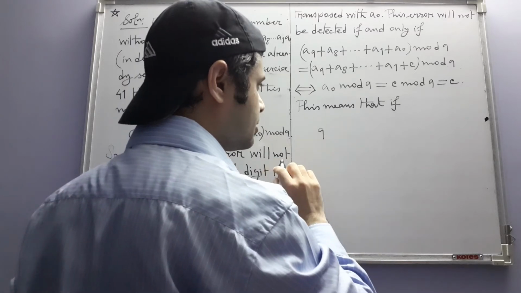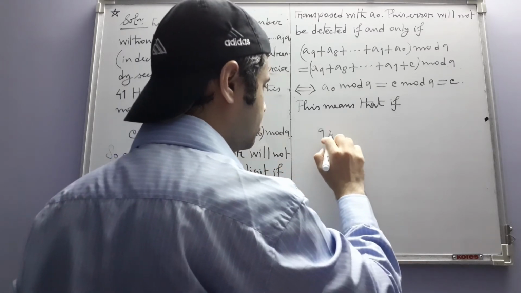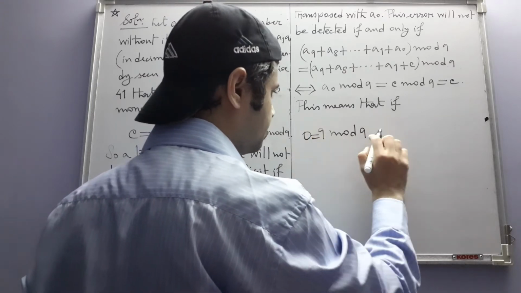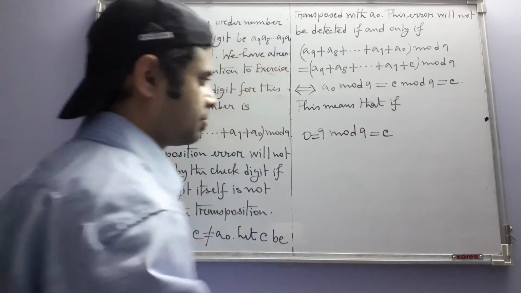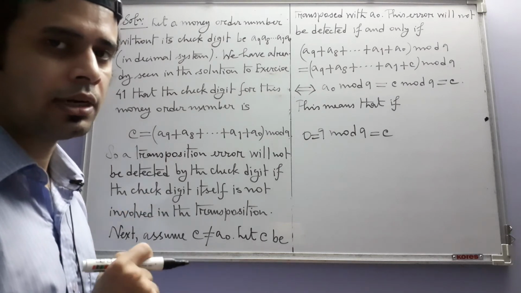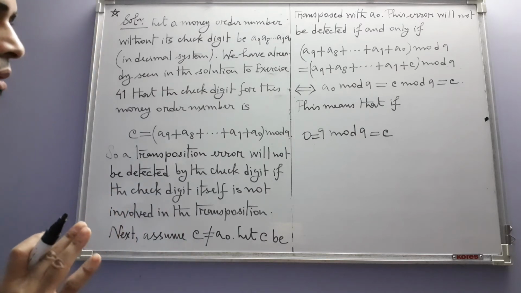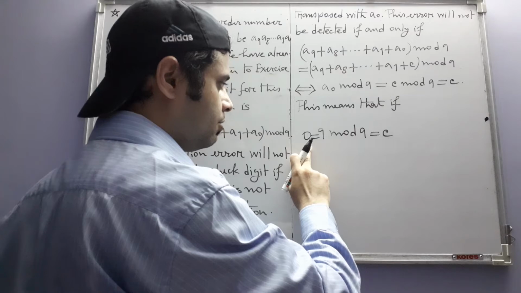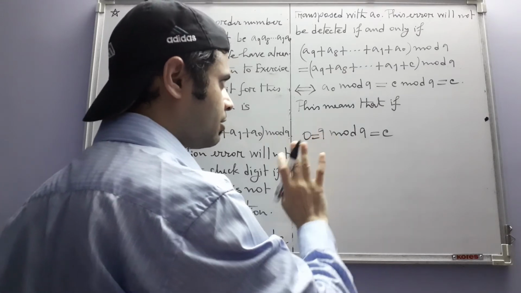If A0 is equal to 9, then C will be equal to 0. And 9 and 0 clearly are not equal. Modulo 9 they are considered to be equal, but that is something else entirely. In this case C is 0 and A0 is 9.